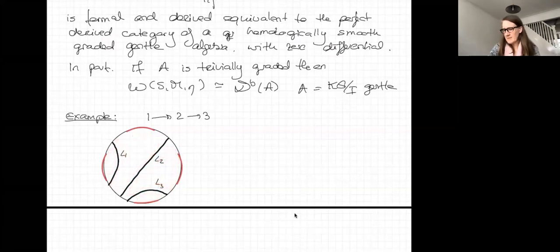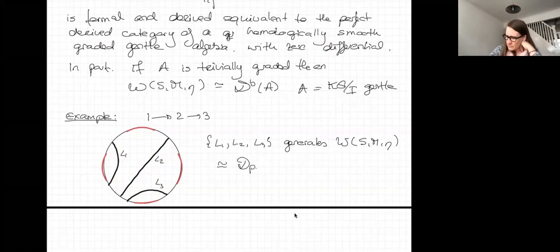Okay, so this tells us that the corresponding A infinity algebra is formal. And we therefore have that L1, L2, L3 generates the partially wrapped Fukaya category of this disk with these 4 stops and then some line field which we haven't specified. And therefore, this is derived equivalent to the perfect derived category of some gentle algebra.